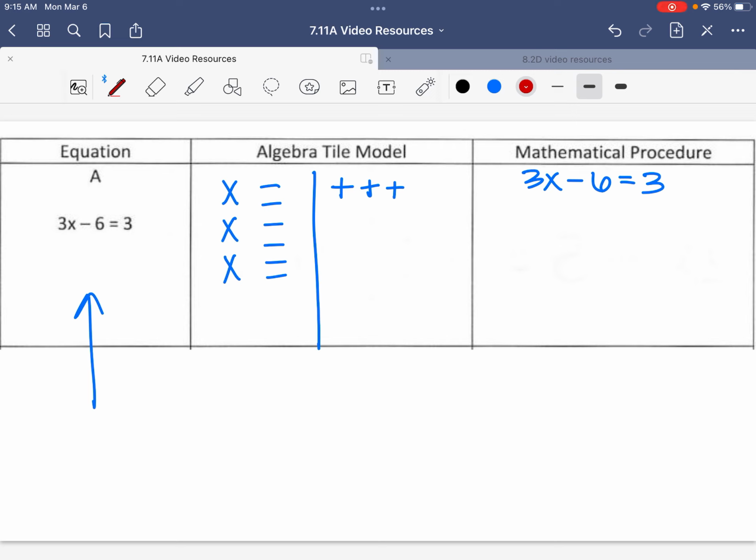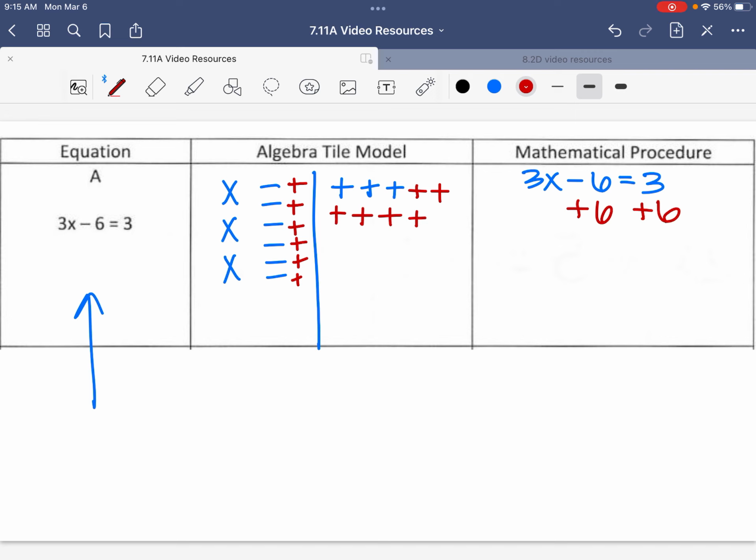So right now I have 6 negatives, and the inverse of that would be to create a zero pair using 6 positives. So I've put 6 positives on the left-hand side, which means I must also put 6 positives on the right-hand side.